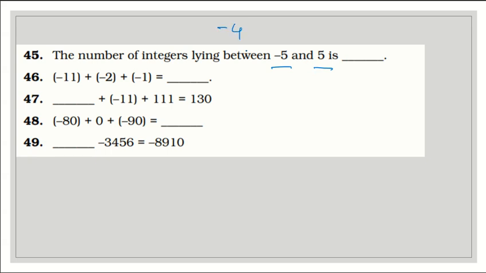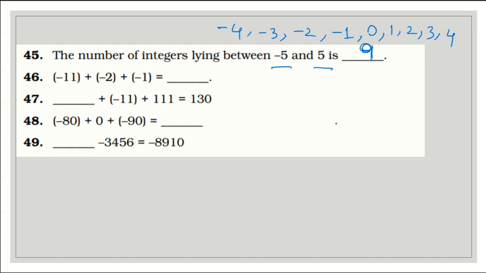You know, minus 4, minus 3, minus 2, minus 1 lie on the negative side, then comes 0, and then on the positive side 1, 2, 3 and 4 lie. So these are the integers lying between minus 5 and 5. And how many are there? If you count, you will get that they are 9 in number.